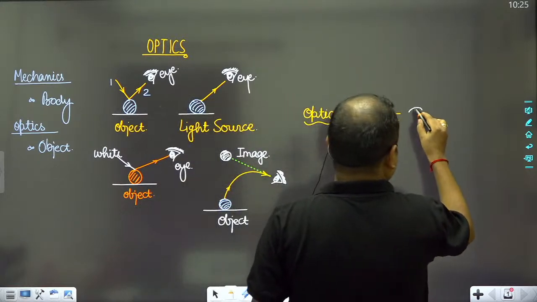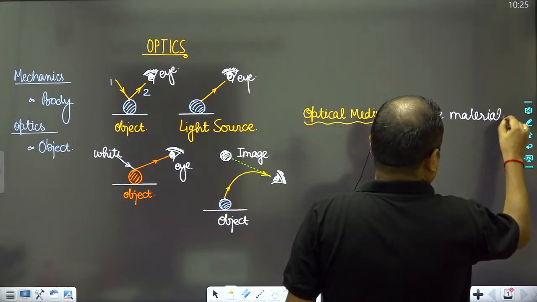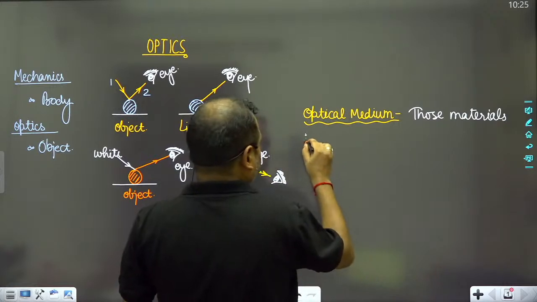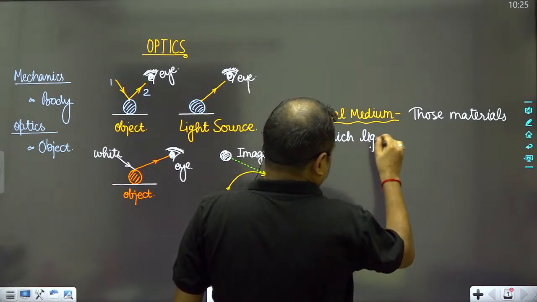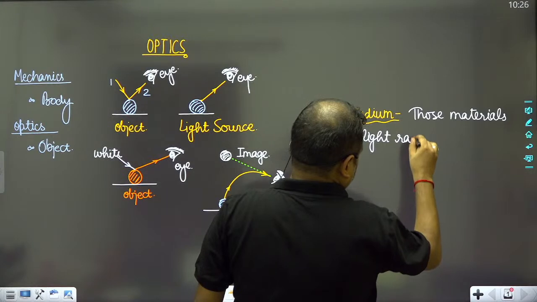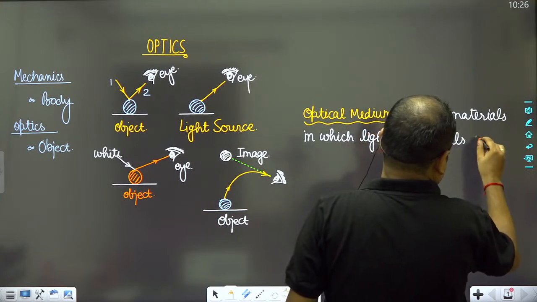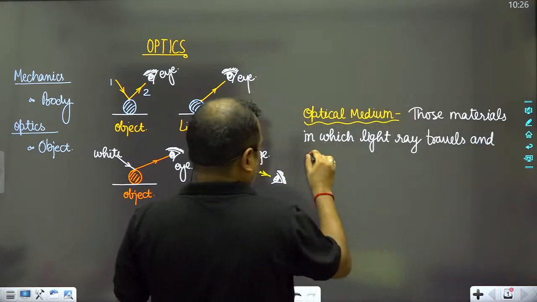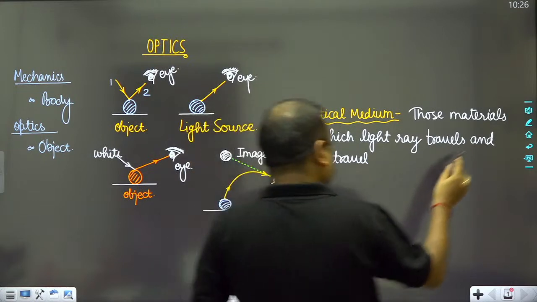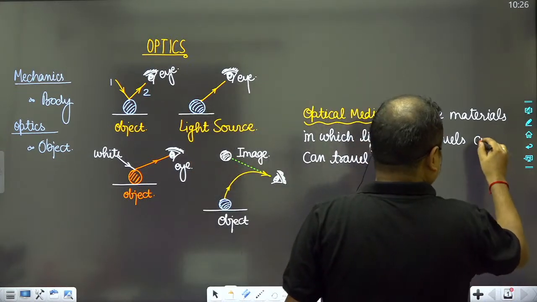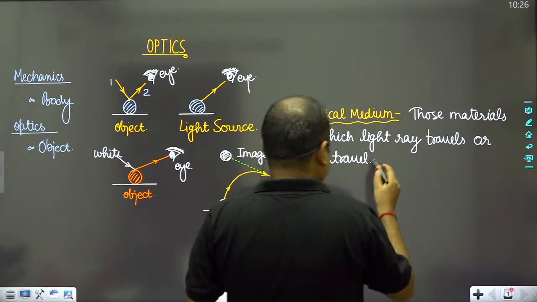Okay, so we can write it here like this: those materials in which light ray travels, or can travel.